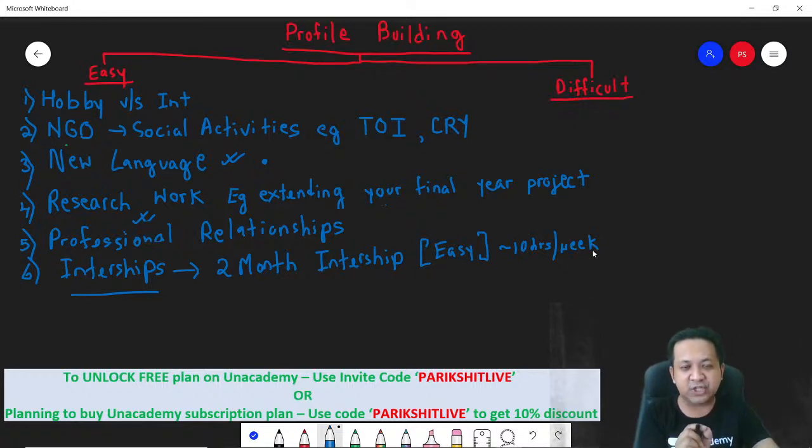But if the internship is more aligned to what you intend to do during an MBA, that is the best case scenario. Example, you want to take up finance during your MBA. Can you probably do some finance modeling internships? Or you are doing research on a finance company. That's your internship. You want to do marketing.